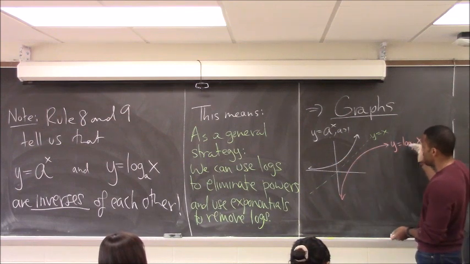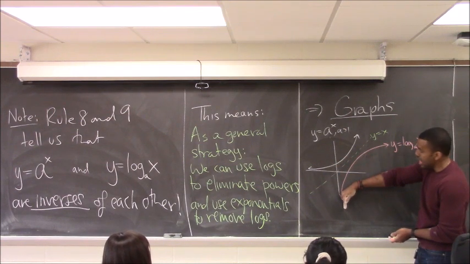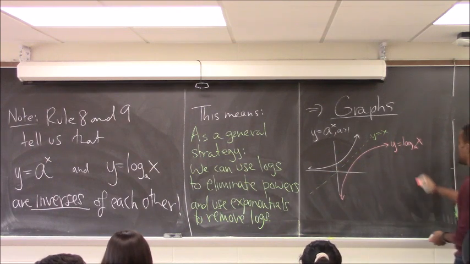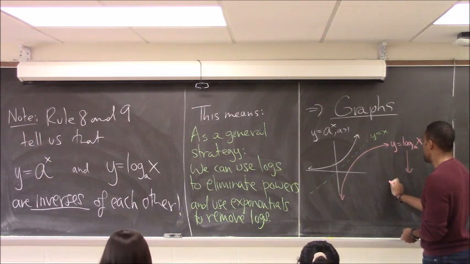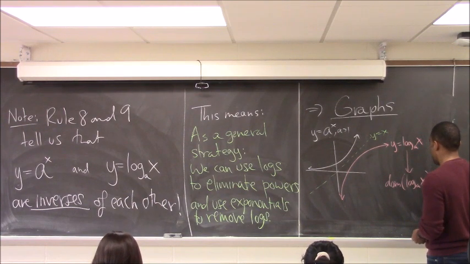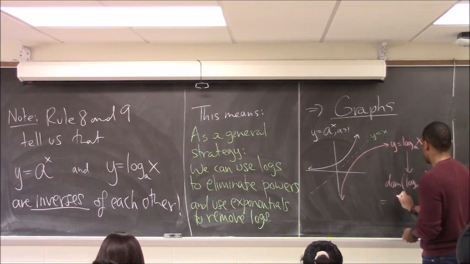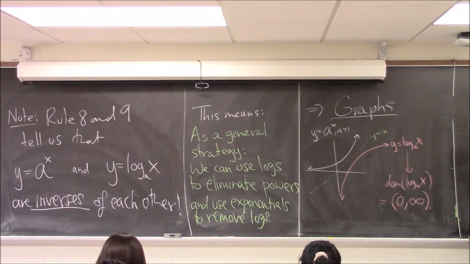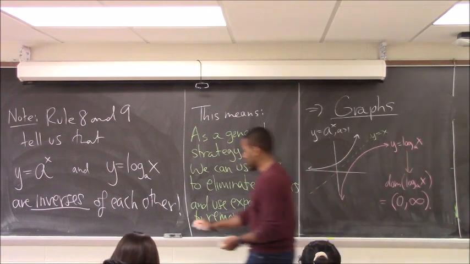It's not going to happen. So the logarithm avoids anything where x is 0 or less. So that also tells us about the domain of the logarithm. It's all x strictly greater than 0, meaning you can only plug in positive things inside a logarithm.